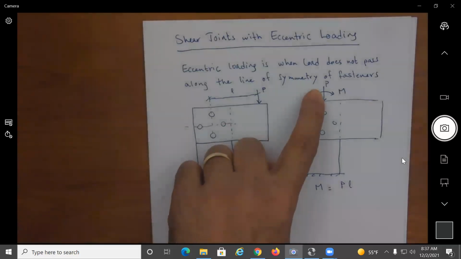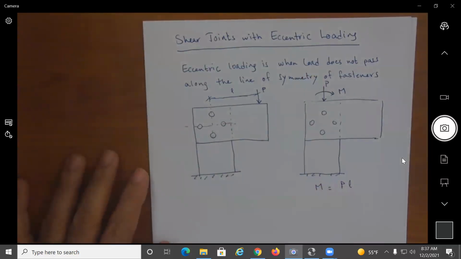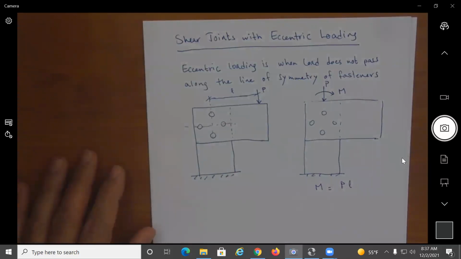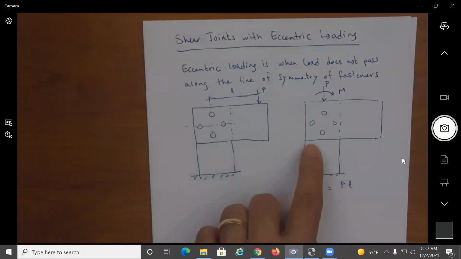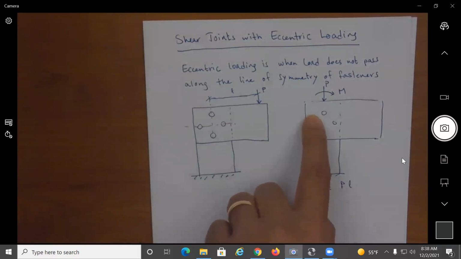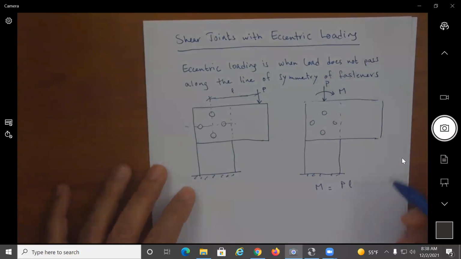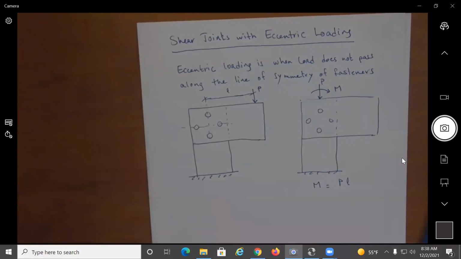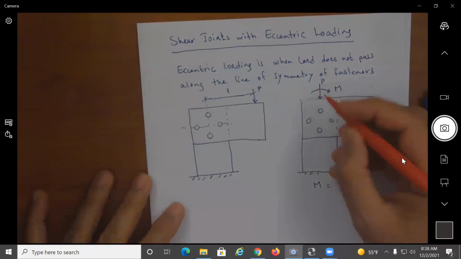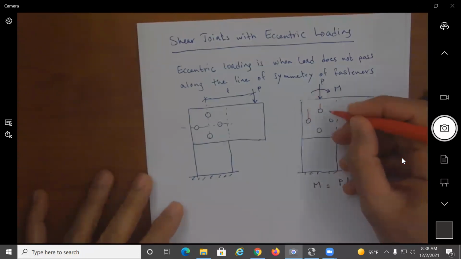Now, having a concentric load P is going to put a shear force in the fasteners that is going to be distributed evenly. So every fastener is going to get an equal share. So we can say here that there is a shear force getting into the fastener, and if P is acting downwards, each of these is going to get a component from P that is going to be like this.